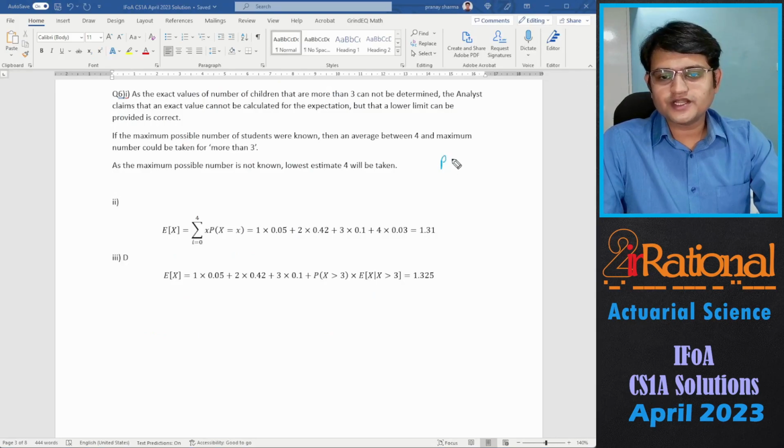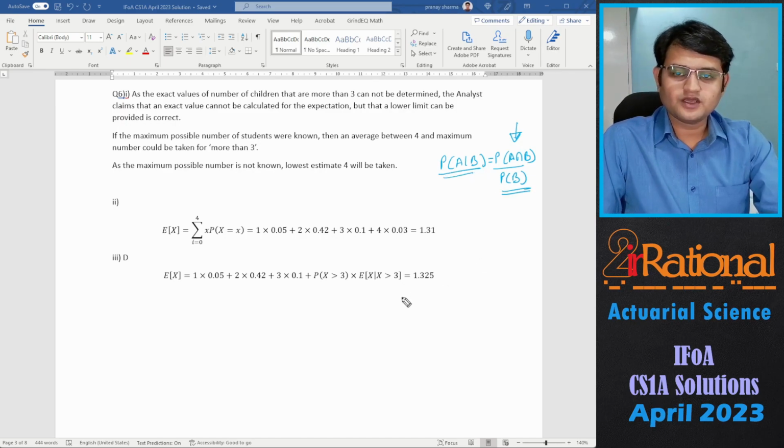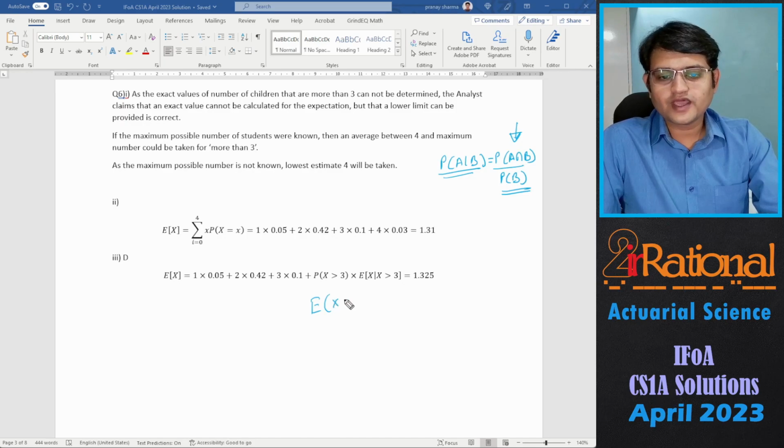Now, for our conditional probability, we know a given b is nothing but probability of a intersection b upon probability of b. So a intersection b would be conditional into probability of b, and our expected value of x given x is greater than 3 would be nothing but summation x into probability of x given x is greater than 3.